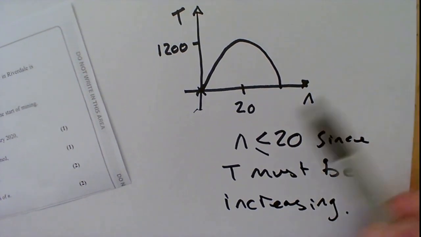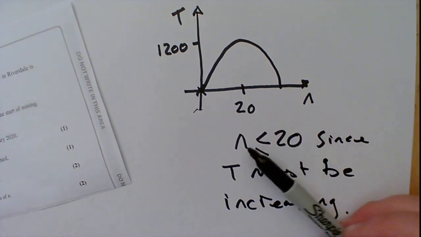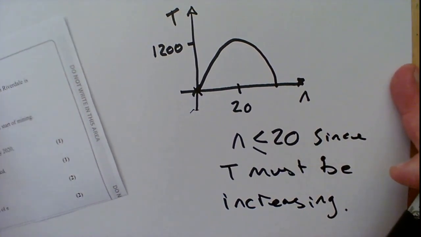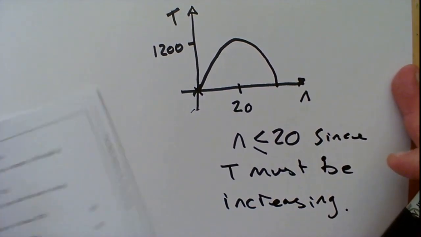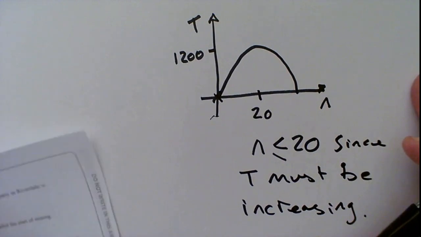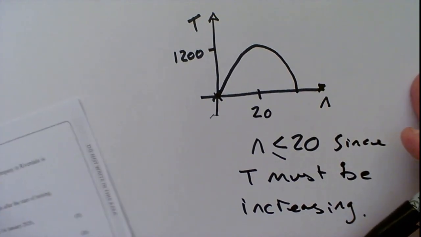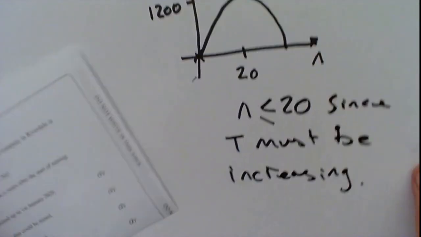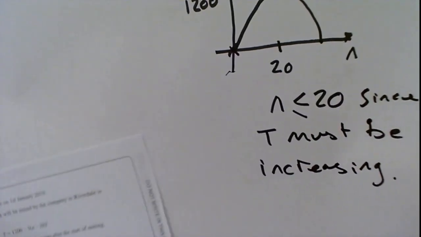However, it doesn't matter whether you've got a soft or a hard inequality at this point. They're not going to worry too much about it. But the idea is that we've got to say the limitation is n can't be any more than 20, since t must be increasing. Maybe a bit better to say t must not decrease.